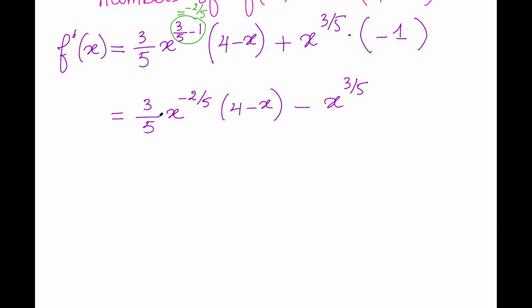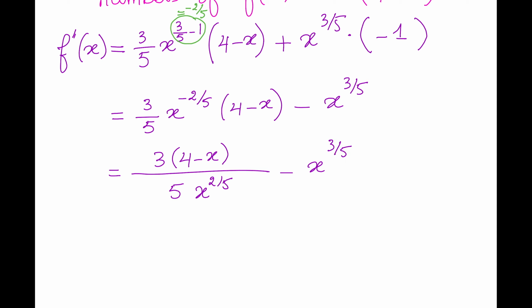Okay, and negative in the exponent means reciprocal of that thing, so this means 3 times 4 minus x divided by 5 times x to power 2 over 5 minus x to power 3 over 5. And if we want to do the same denominator, how about the denominator being 5x to power 2 over 5?